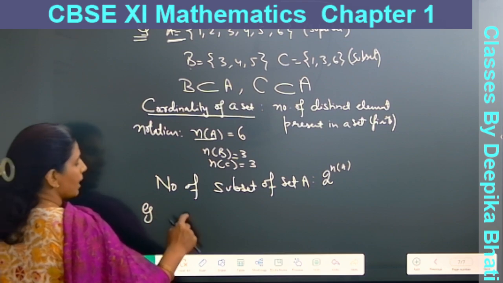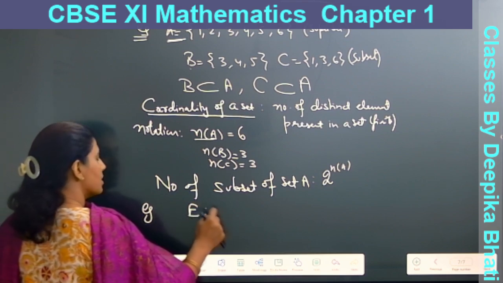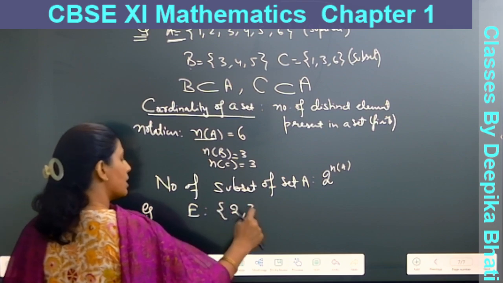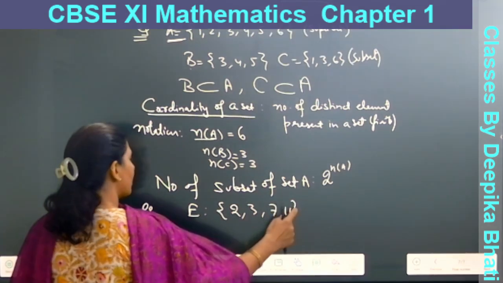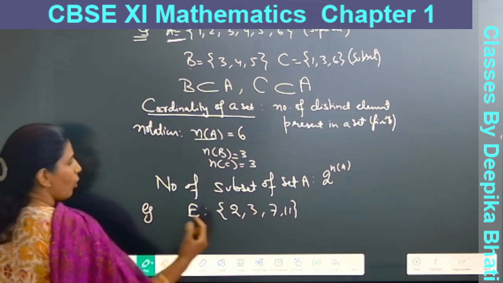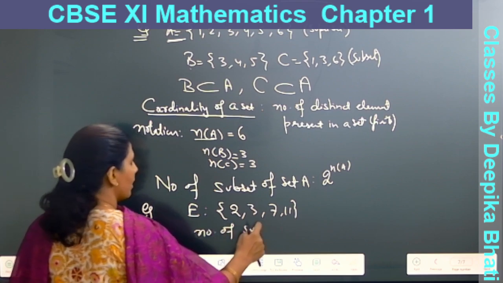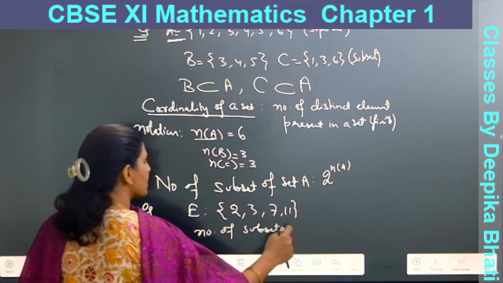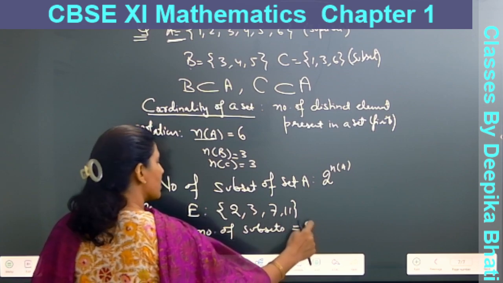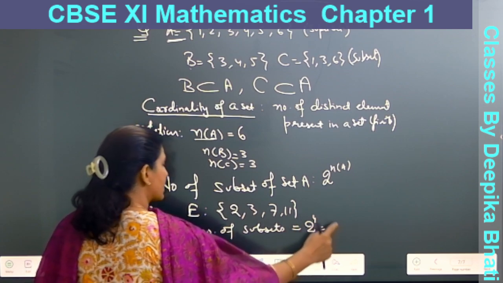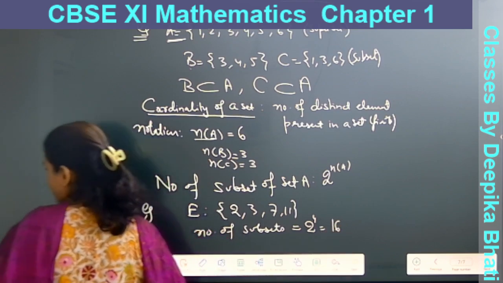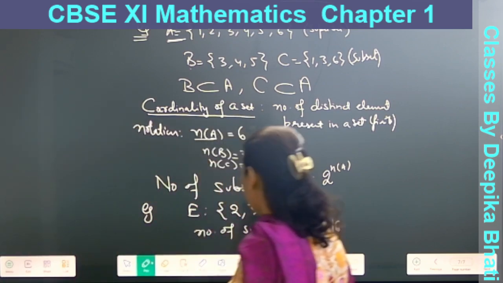Suppose I have a set E as 2, 3, 7, 11, any random set I have taken here, and I want to count how many subsets I can build using this set. 2 raised to power 4 is 16 subsets. So I can build 16 subsets.